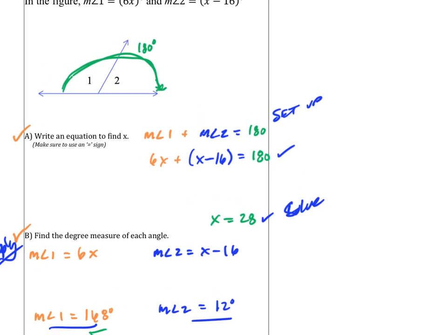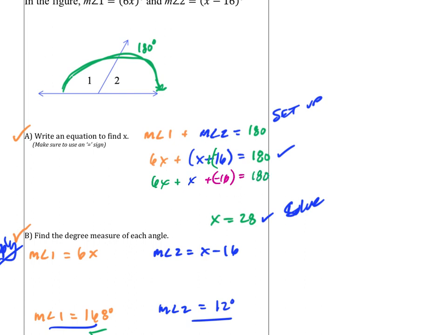Okay, so when we solve this, we turn this into addition, so we'll say plus negative 16. We wind up with 6x plus x plus negative 16 equals 180.